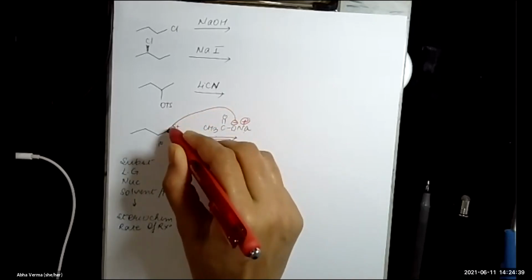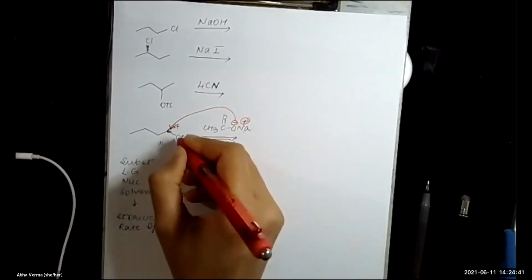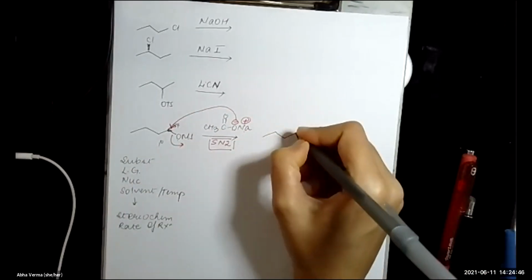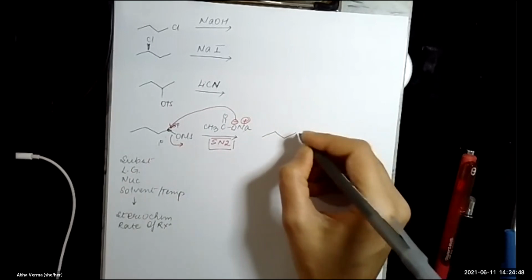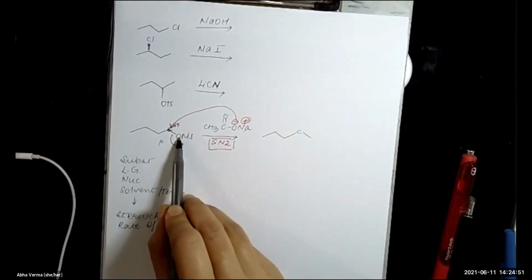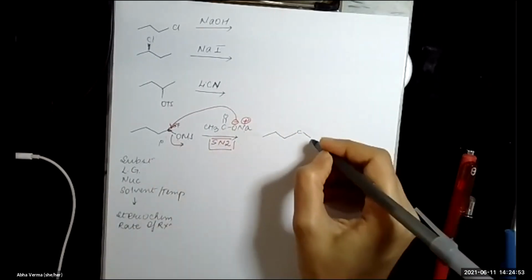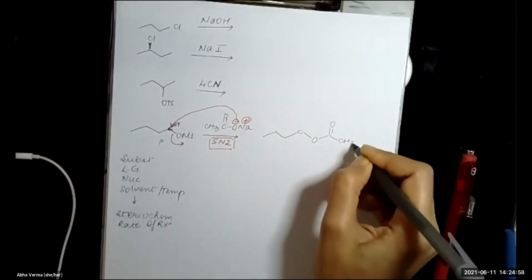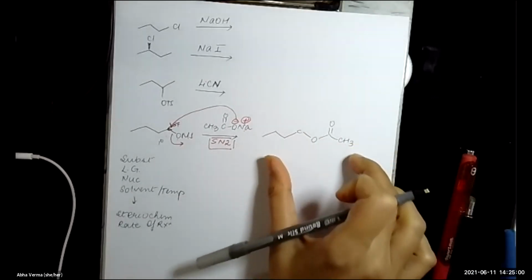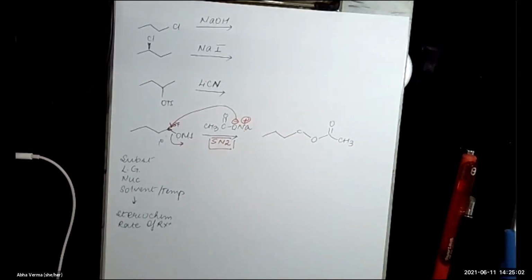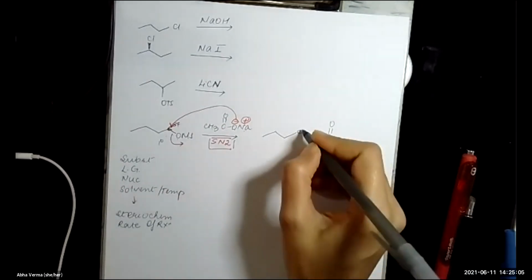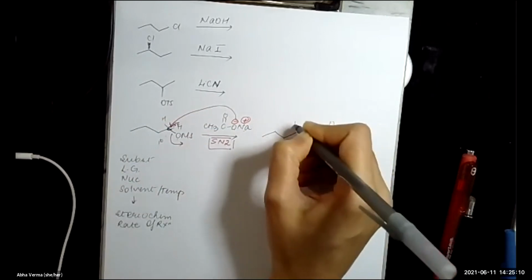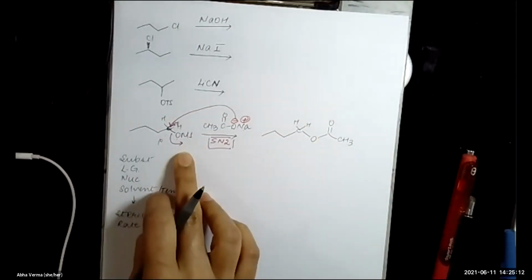The nucleophile attacks, the leaving group leaves. I will draw my main structure, but now instead of OMs, I'm going to add this oxygen, the carbonyl, and the CH3. So this is what my new product will look like. Right, and don't forget, this has the hydrogens, which I did not draw. Don't forget those.